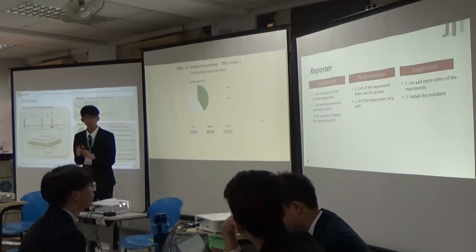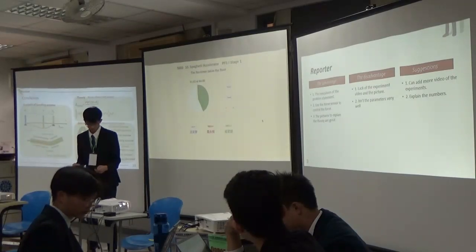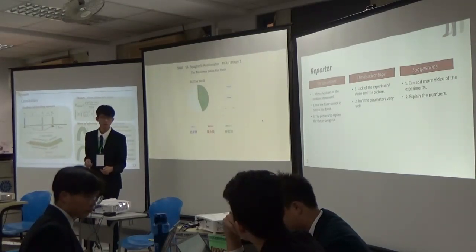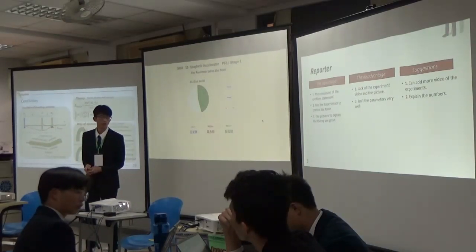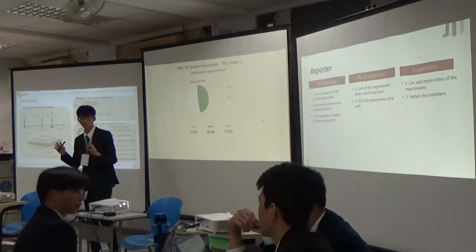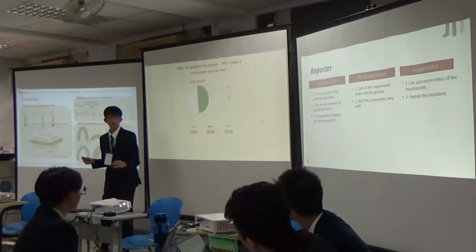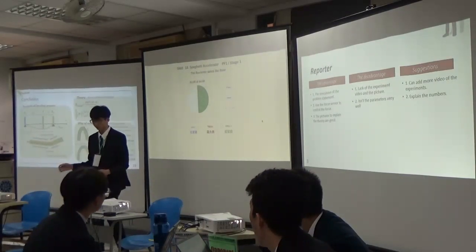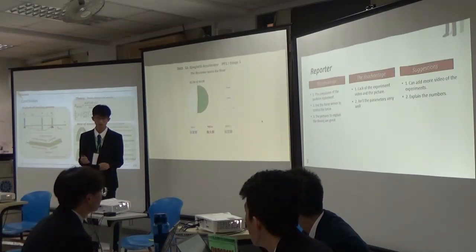Her parameters aren't very good because of the diameters. I think she didn't mention whether the place that she touched is the same. I suggest she add more video of the experiment, and explain the numbers like page 7's number to let us know what the number is.